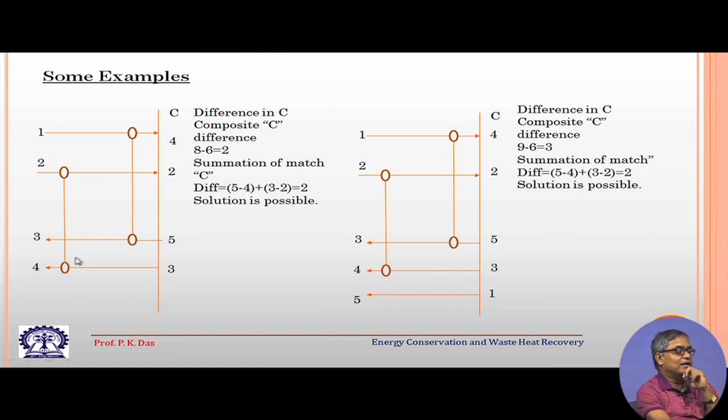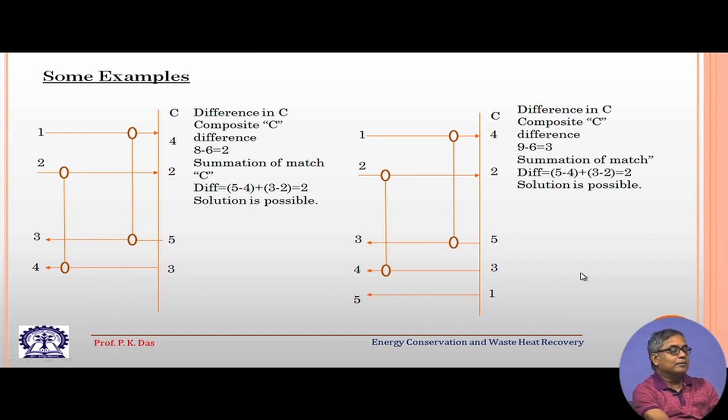In this case the difference is 5 minus 4, that is the individual match difference, and in the other case the difference is 3 minus 2. So, 5 minus 4 is equal to 1 and 3 minus 2 is equal to 1. So, this is 2. So, a solution is possible because we are considering the hot end of the problem.